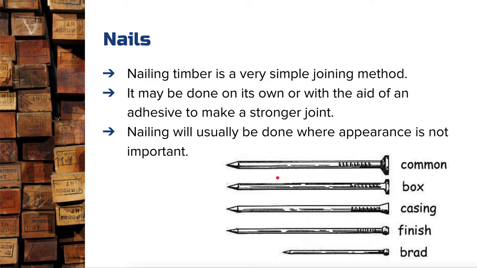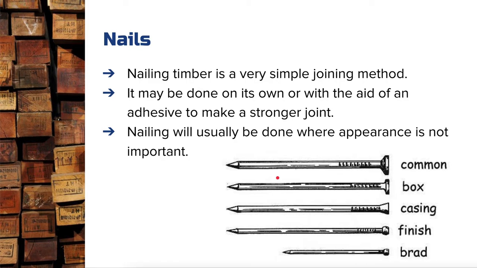Okay, nailing, the main reason you'd use it over screwing is when the appearance is not as important, because with nails, you may need to drive more in, they may need to be closer spaced together, and they also tend to leave a small metal speck on the surface of your timber, obviously the head of the nail.